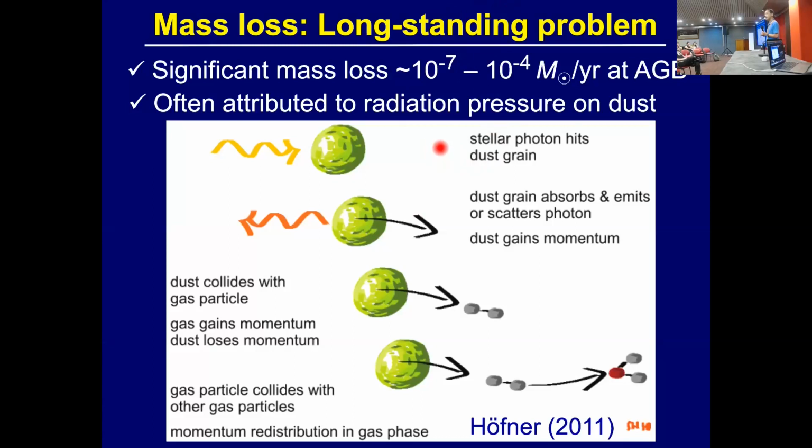The idea is, in these cool stars, dust grains can form, and those dust grains absorb or scatter stellar photons. So the momentum is transferred from stellar photons to the dust grains, pushing the grains outward and dragging the gas together. So this is the idea.